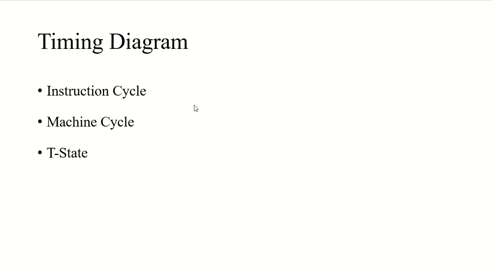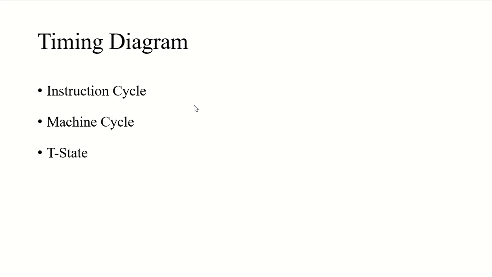The microprocessor performs operations in specific time periods, specific clock cycles, and every single clock cycle is called a t state. The number of t states required to perform an operation is the machine cycle, right? A machine cycle normally consists of 3 to 6 t states, and one t state is one clock period. An instruction cycle consists of 1 to 5 machine cycles in total.